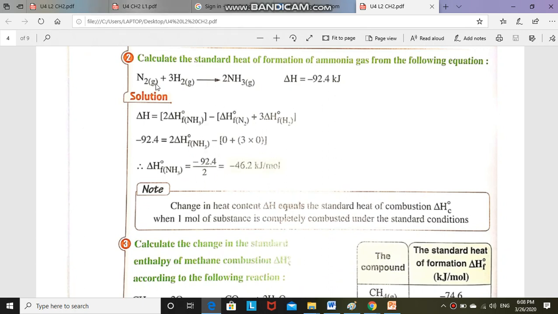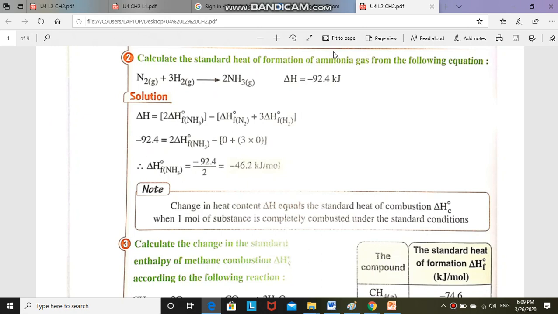Here we have 1 mole of nitrogen gas plus 3 moles of hydrogen gas that produce 2 moles of ammonia gas. We have delta H here for 2 moles of ammonia gas. Delta H equals 2 times the standard heat of formation of ammonia minus the standard heat of formation of nitrogen plus 3 times delta H of formation of hydrogen gas.